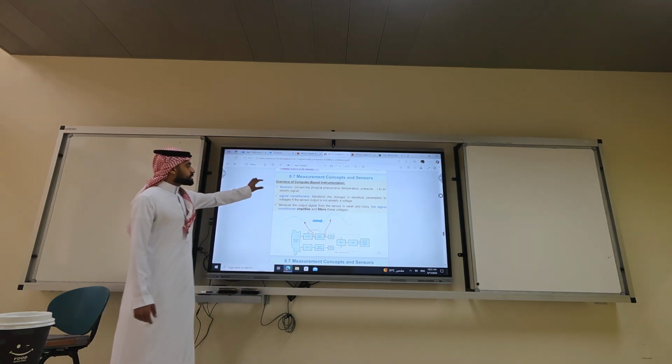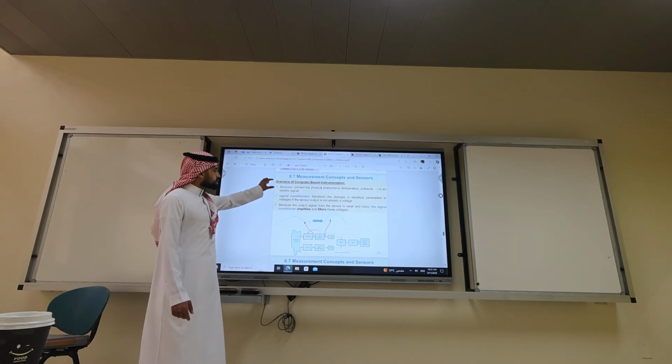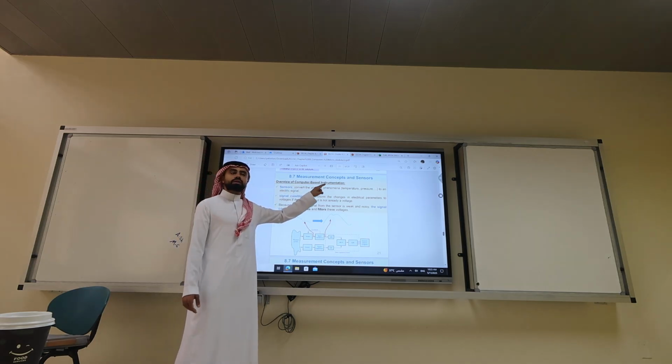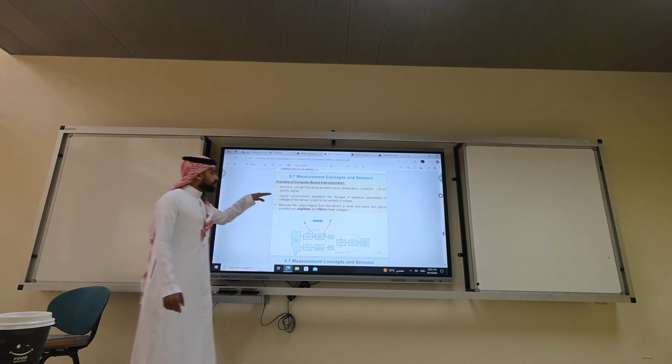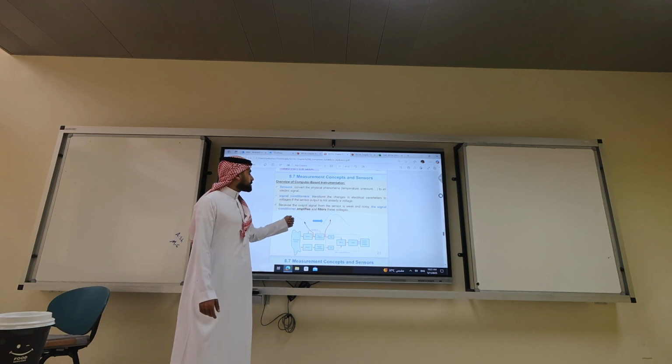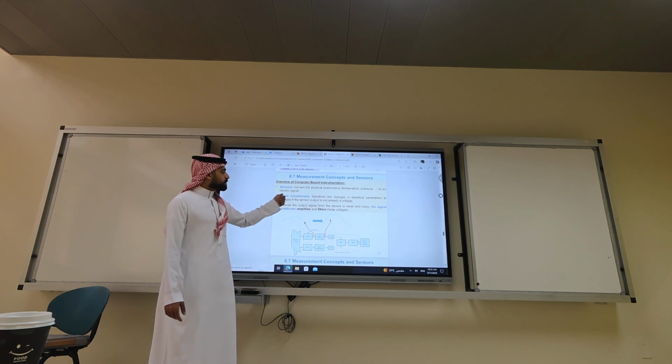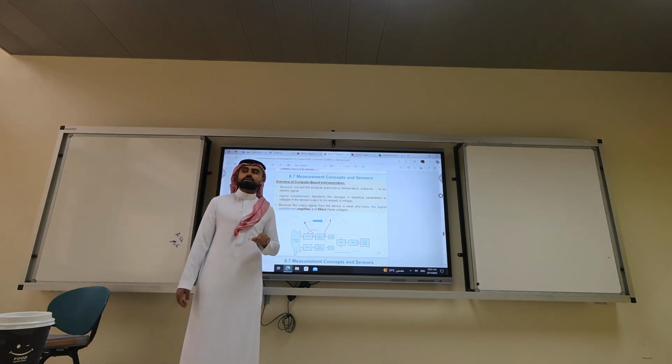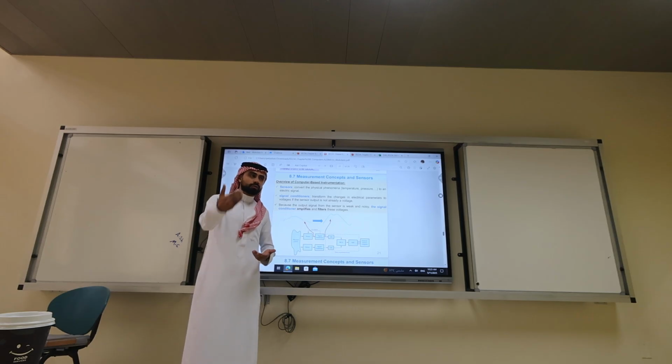So what's the difference between sensors and signal conditioners? Sensors are directly connected to the physical phenomena, but the signal conditioners transform the changes in electrical parameters to voltages if the sensor output is not already a voltage. It could be a current. Some of the sensors give you current, they don't give you voltage.